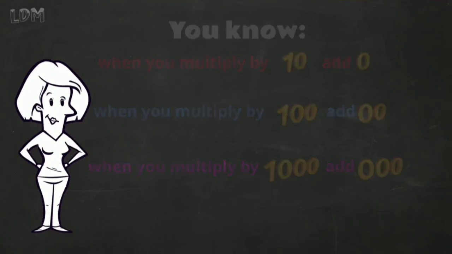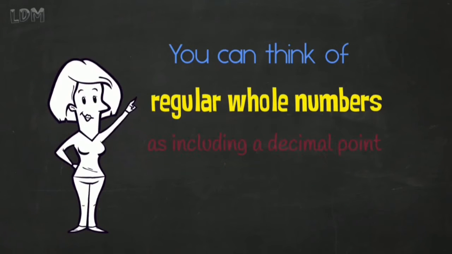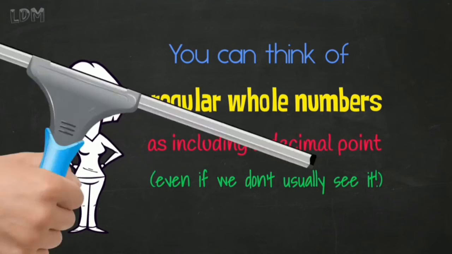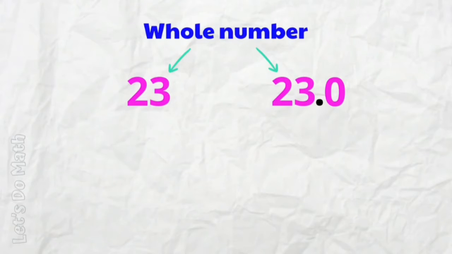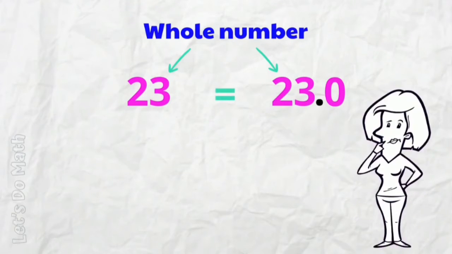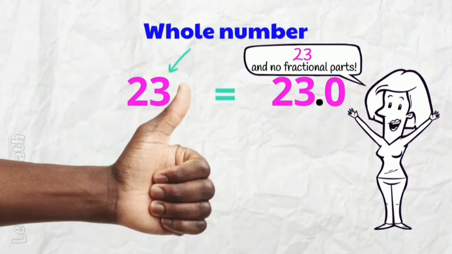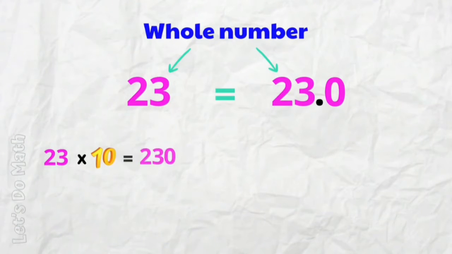In this, we are going to multiply by a regular whole number first. An example of a whole number is 23, and 23 in decimal form can be written as 23.0. Now, let's multiply 23.0 by 10.